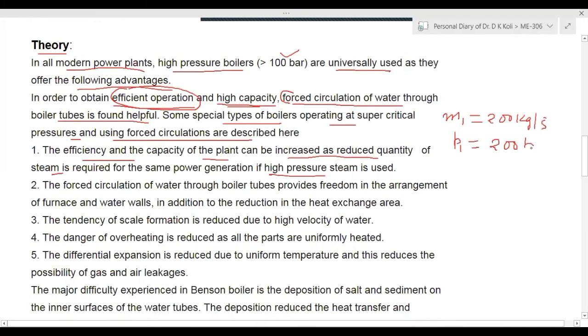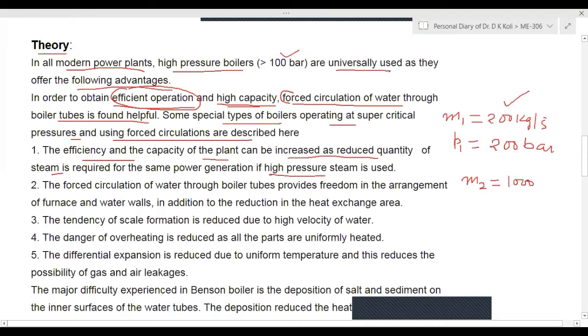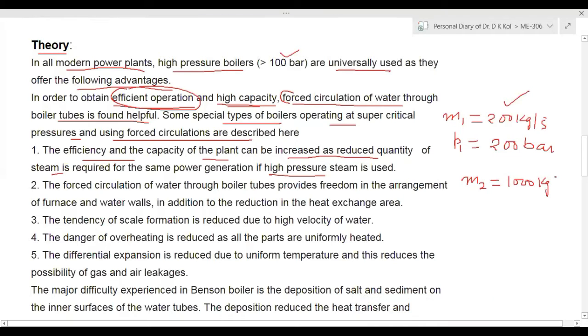At this pressure the boiler is generating this amount of heat. Another boiler, let it be P2, is using M2, and roughly, suppose it is producing 1000 kg per second, or take it per minute, not per second. You also take it here per minute.